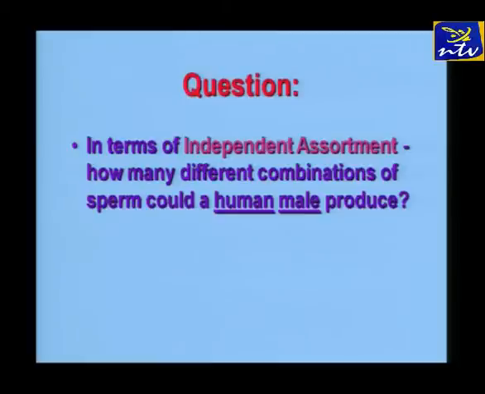In terms of independent assortment, how many different combinations of sperm could a human male produce? Can anybody give the answer? Please send us the answer, or you can also SMS.